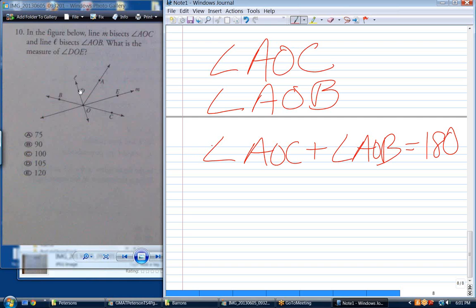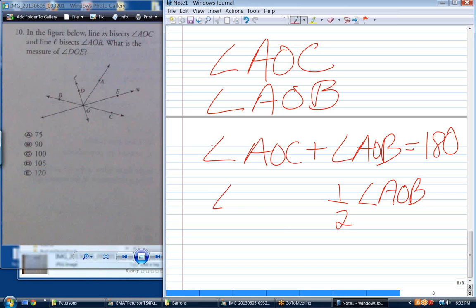So we have to figure out what DOA is and add it to AOE. DOA, we don't know what that is, but we know it's half of AOB.